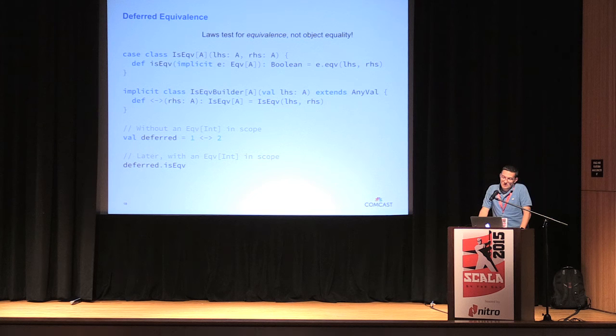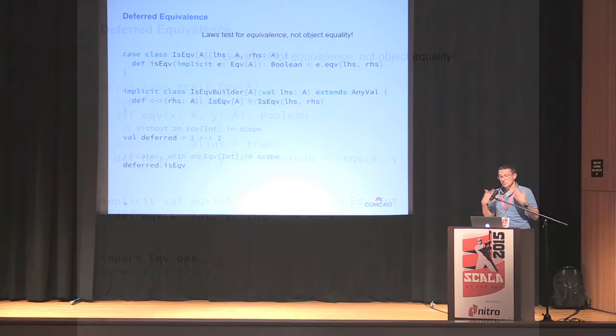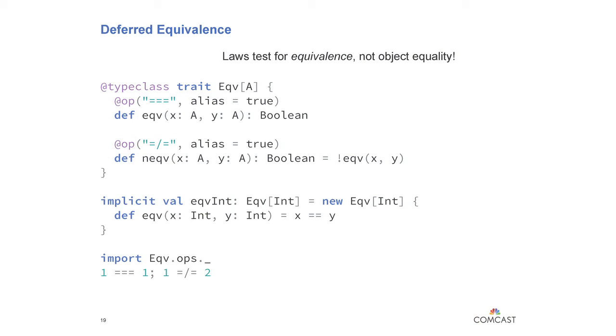Then on this fancy pair, we can define this isEquivalent method. And the isEquivalent method will say, I can compare the left-hand side and the right-hand side for equality. I can say, are LHS and RHS equal to each other according to some equivalence relationship? And we can represent that equivalence relationship with another type class. I'm not going to show the laws for it, but it's the same laws we know and love from object equals, right?